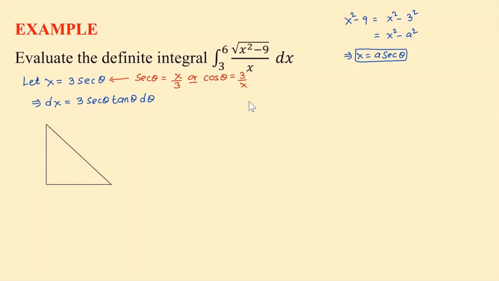Suppose that's my right triangle with the reference angle theta and this angle as a right angle. Because cosine theta is 3 over x, and cosine is adjacent over hypotenuse, we can write 3 here and x here.